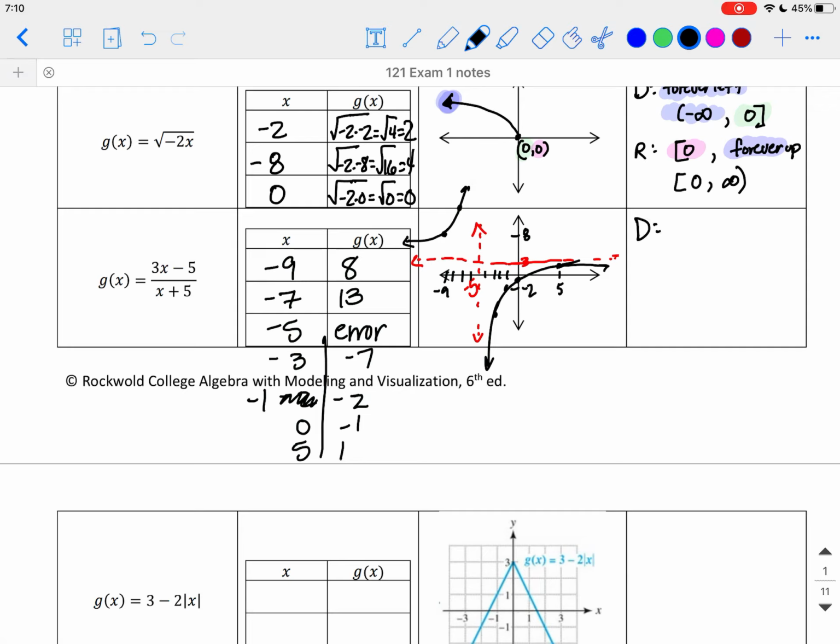So our domain, we have 2 pieces. So our graph is broken into 2 pieces. So our domain is the lowest x value, which is the furthest leftmost part of the graph. So that's going to be this right here. So it's going to go forever left. So let me write that down. So I'm taking this really slow.